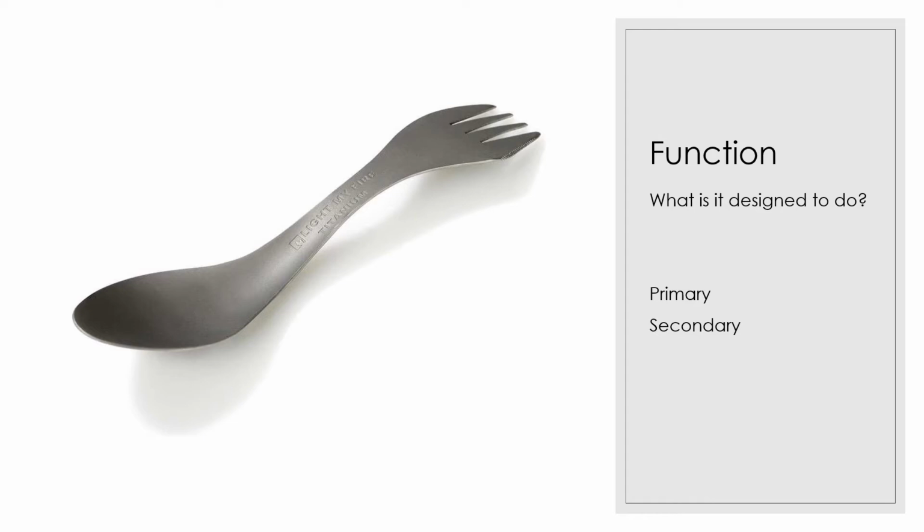Those would be the keywords that are really important for function. Something can have more than one secondary function. Some products, like your mobile phone, for example, have lots of functions. But within the course, we generally look at products that don't have too many primary or secondary functions.